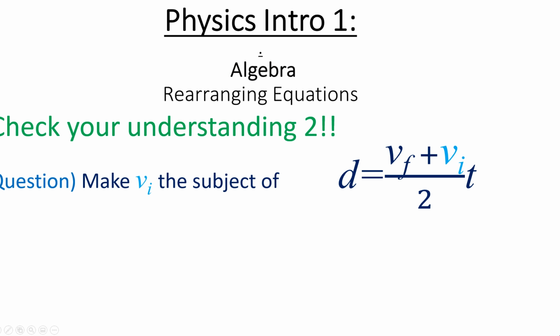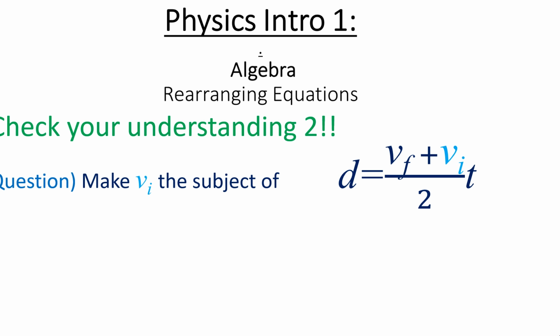Now it's your chance to check your understanding. What I want you to try is to see if you can make vi the subject of this equation. So pause the video here and just see if you can get vi by itself in the equation. I'll just give you a few more moments to pause and to work through it yourself.